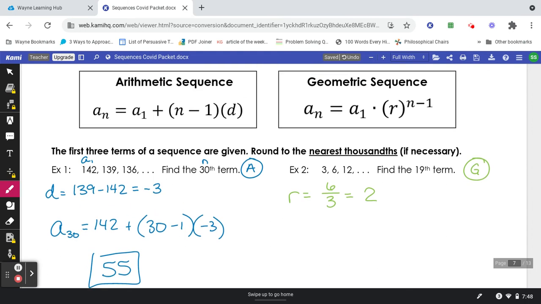And then I'll use the geometric formula. This will be my A sub 1. That'll be my n. Three times the common ratio and 19 minus 1.